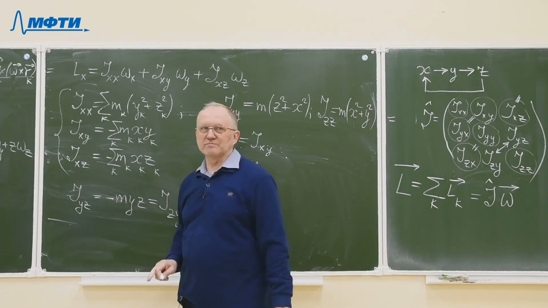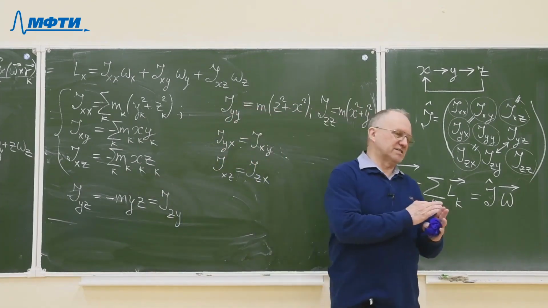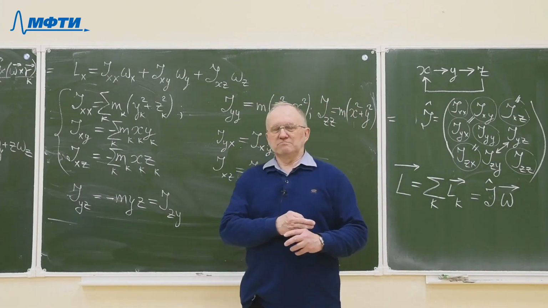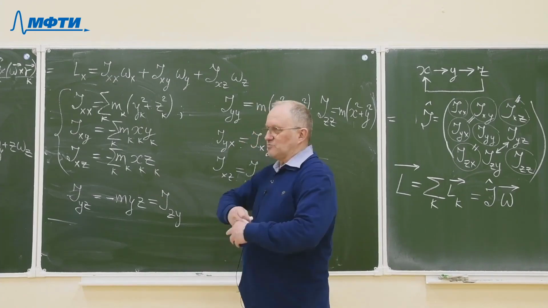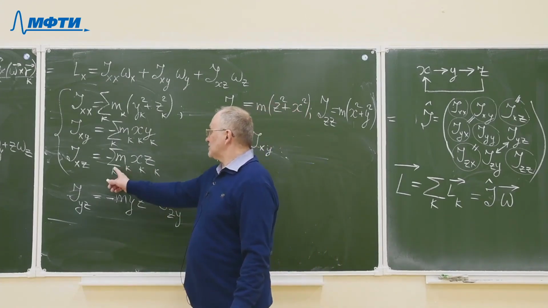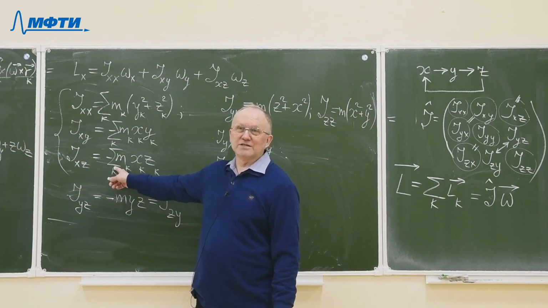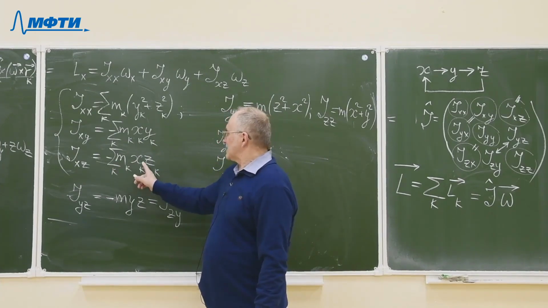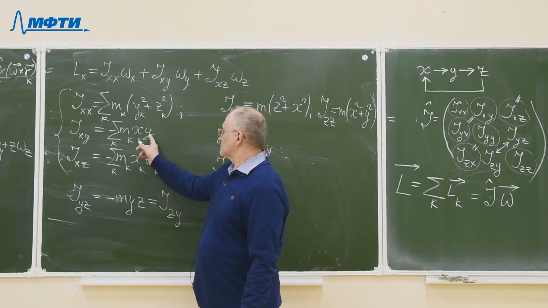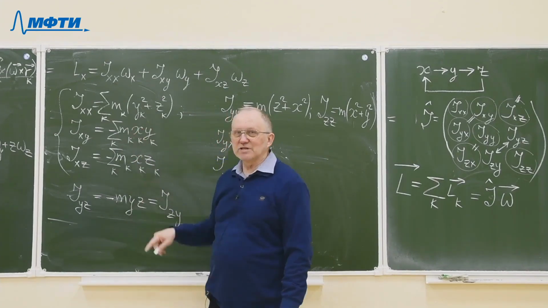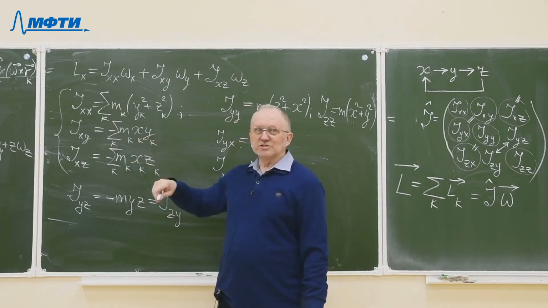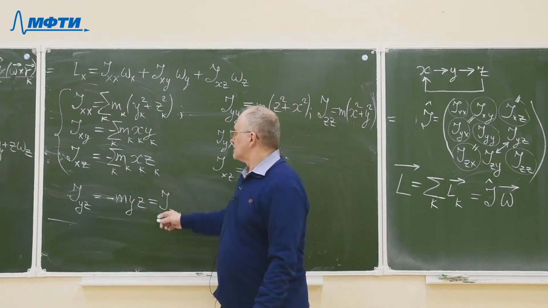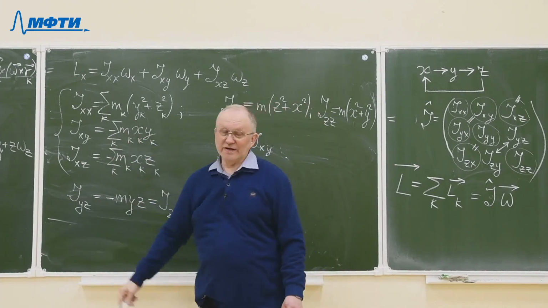If the mass is distributed evenly, if this is some distribution in space, then each sum will turn into an integral. You will have to integrate. And as there are two coordinates in xy or xz, that will be a double integral with two differentials dx, dy, dmx and dmy.